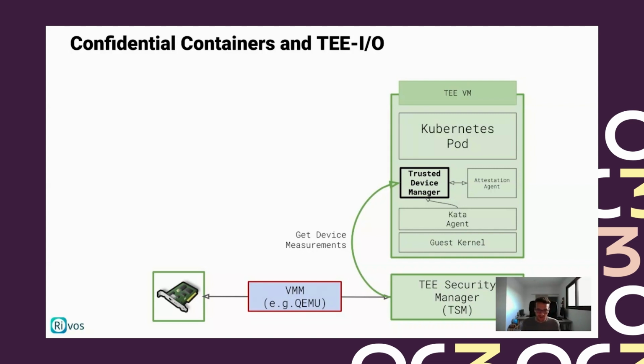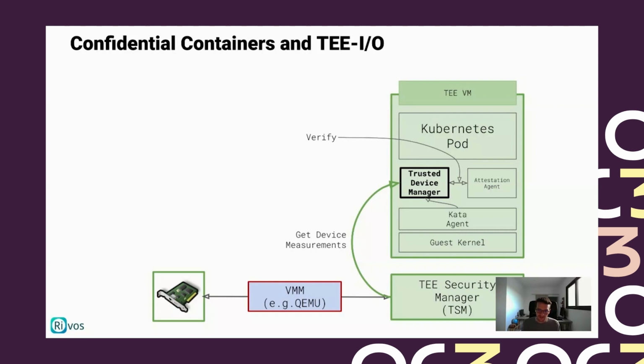The trusted device manager running inside the confidential VM, inside the confidential containers that's running the Kubernetes pod, gets the certificate of the device, so it can verify the identity of the device, and it gets the measurements of the device. So it can now talk to the attestation agent with those measurements that represent the evidence of the device TCB.